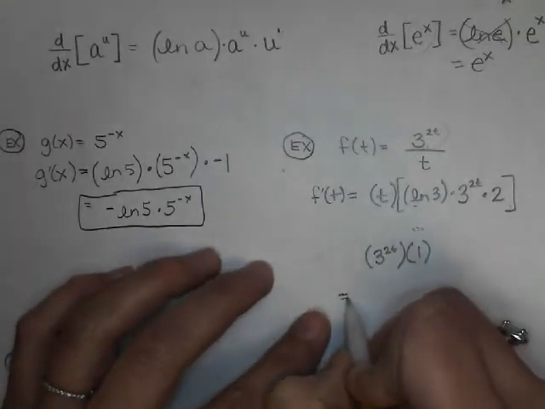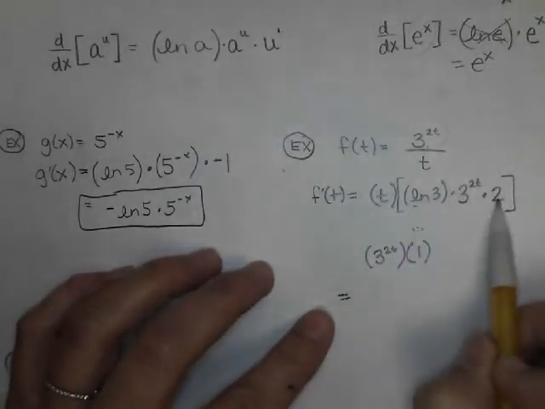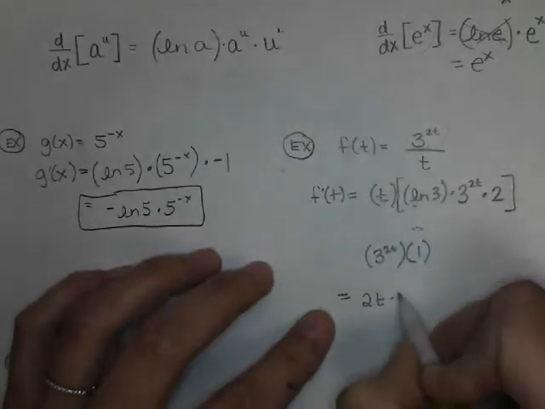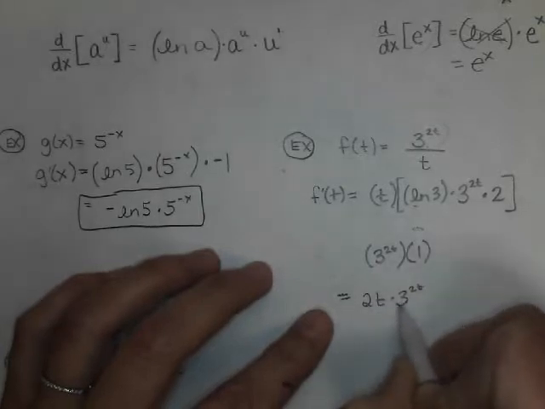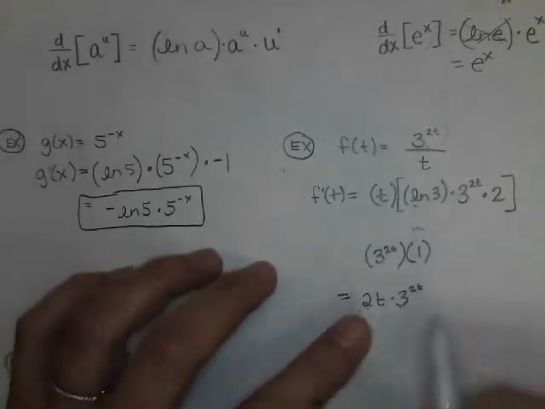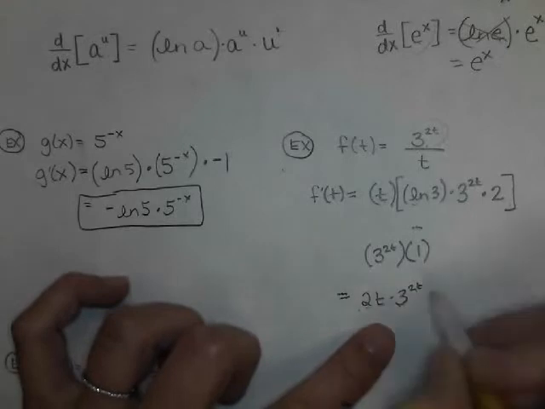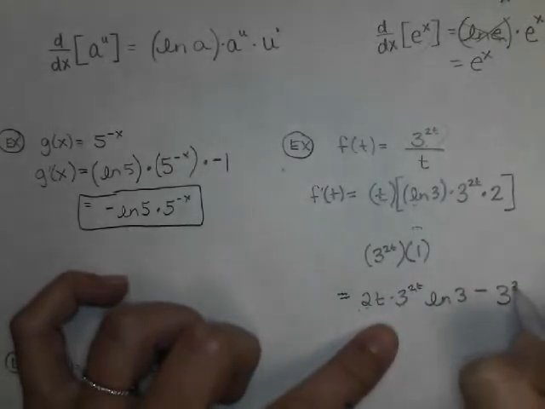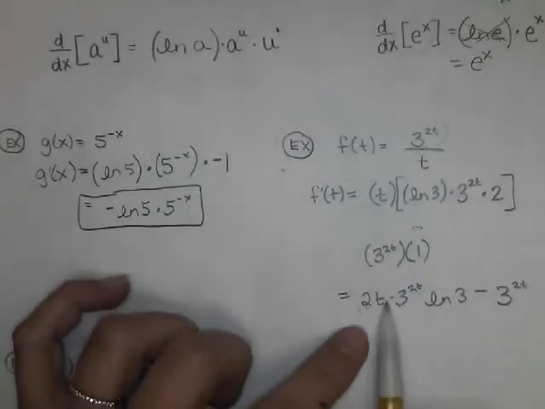So in simplifying this, we have a 2t times 3 to the 2t. Unfortunately, we cannot multiply the 3 times 2 and make 6, because that 3 has its own exponent, ln of 3, minus 3 to the 2t power.